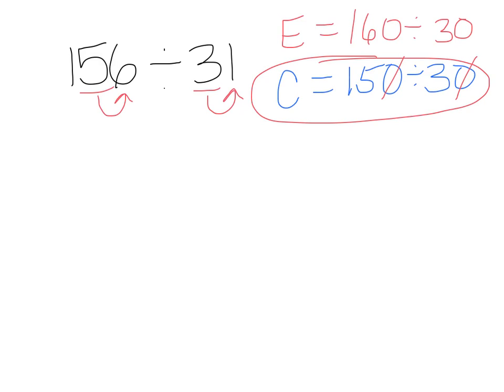What's 15 divided by 3? And if you don't think in division, just flop the operation around and think to yourself, 3 times what is 15? And that's a 5. So 156 divided by 31 is approximately, and this is our sign for approximately, it takes our equal sign and makes it wiggly, approximately 5.